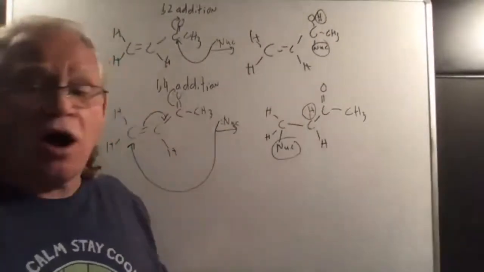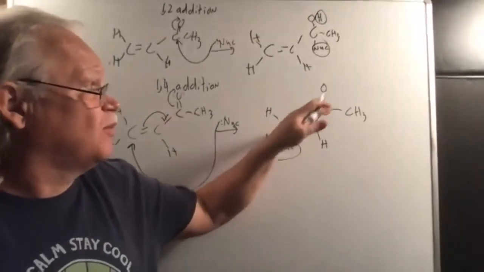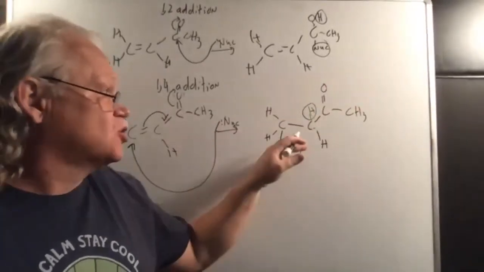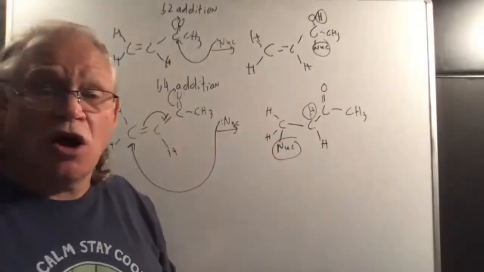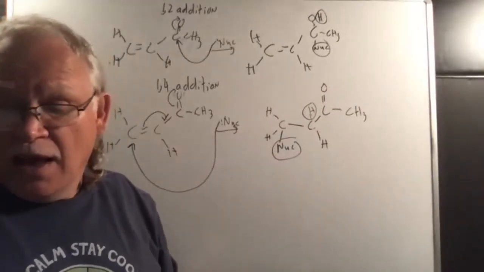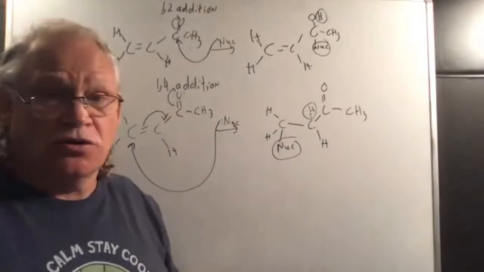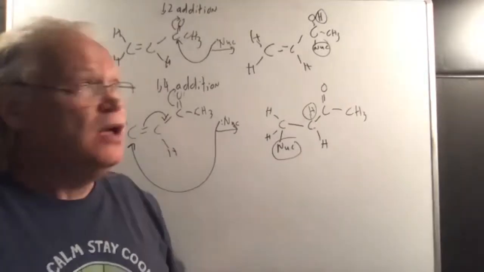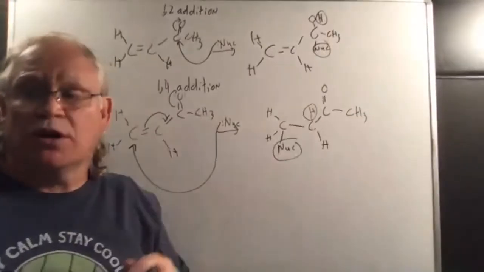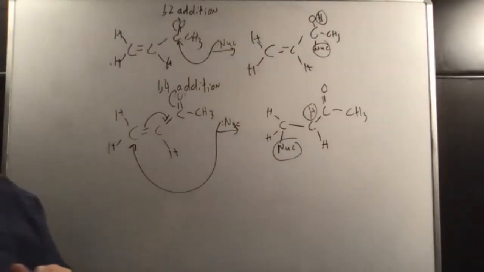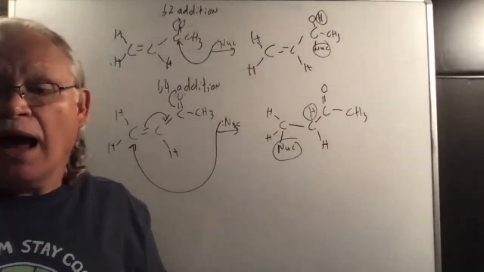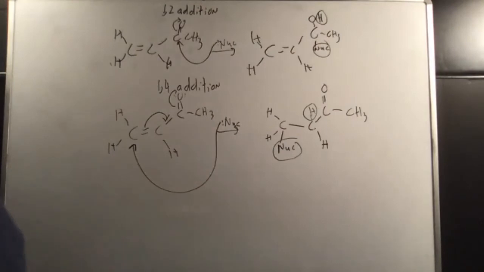The Michael product is the one that comes from the 1,4 addition. So it's the addition across the C double bond C. That is the Michael addition reaction, okay? The 1,2 is what we would consider to be the normal product. So I could also ask on the test, give me the 1,2 and the 1,4 products of this reaction.